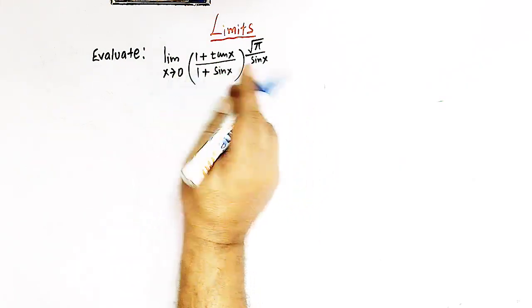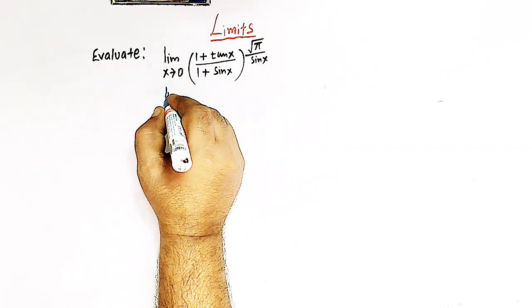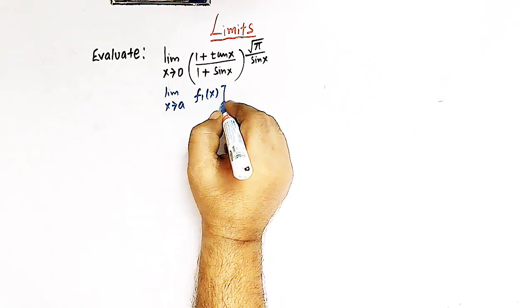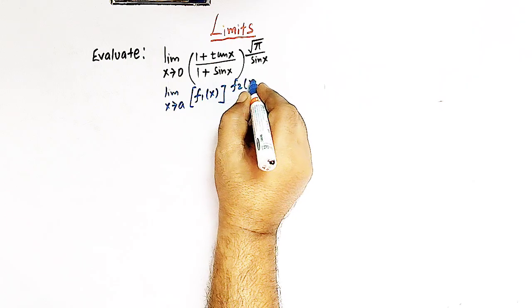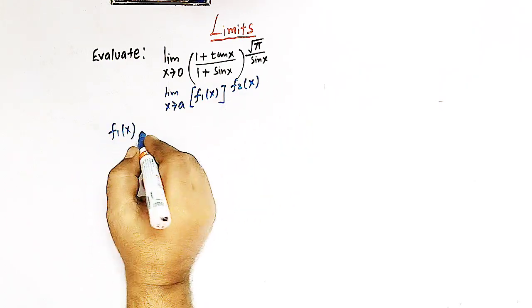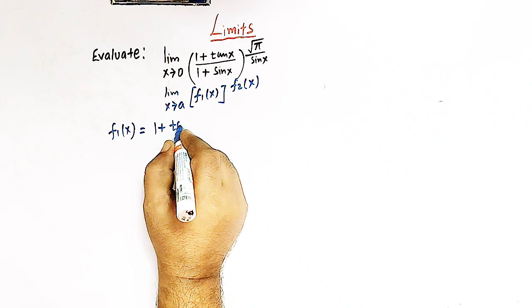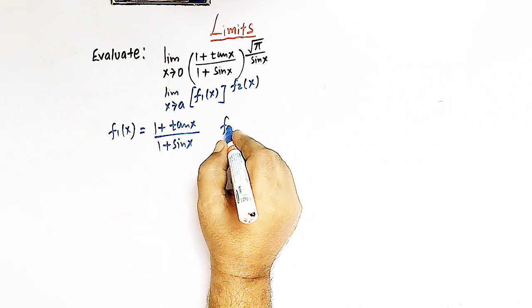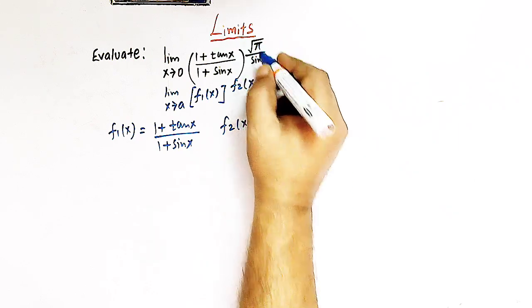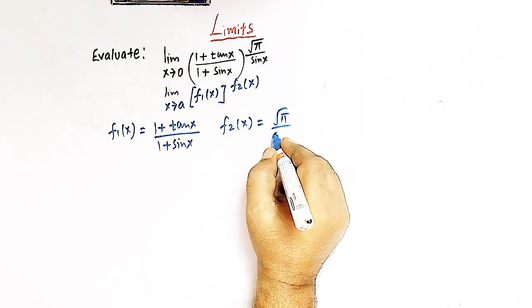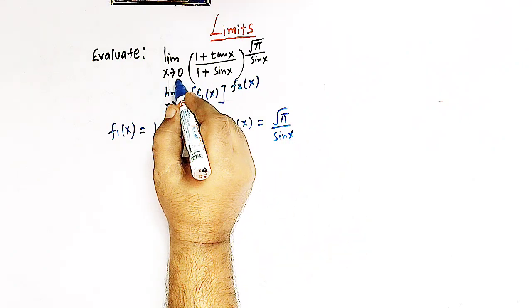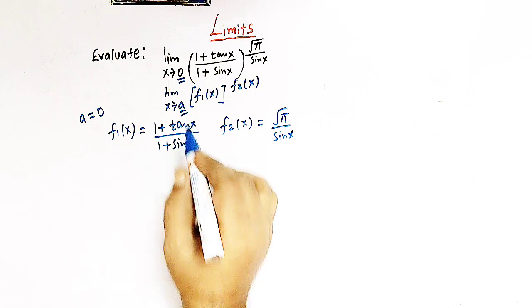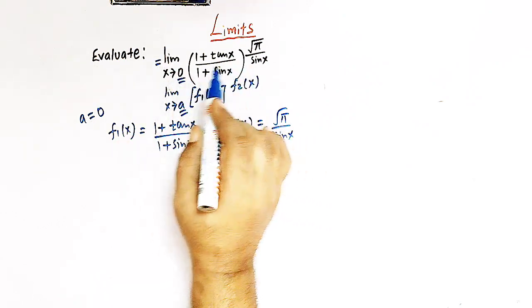So here if we compare this limit with this one, that is limit x tends to a f1(x) raised to f2(x), then f1(x) is given by 1 plus tan x divided by 1 plus sin x, and f2(x) is given by square root of pi divided by sin x. And here the value of a is equal to 0, right? So we have to find out the value of this limit.